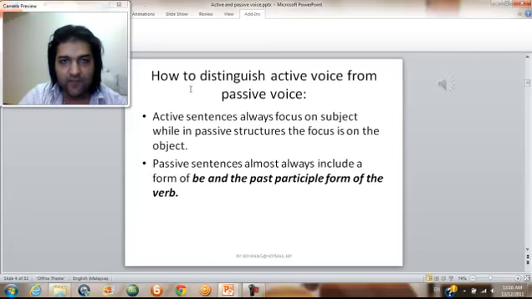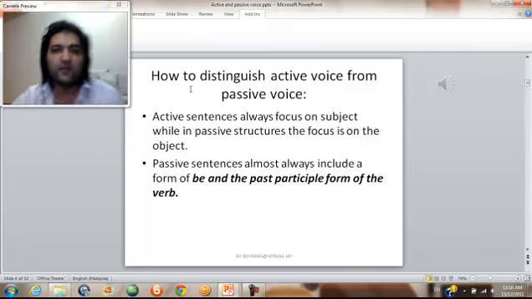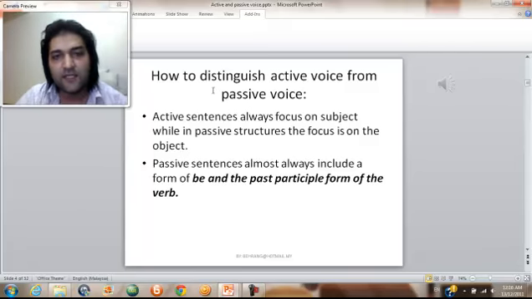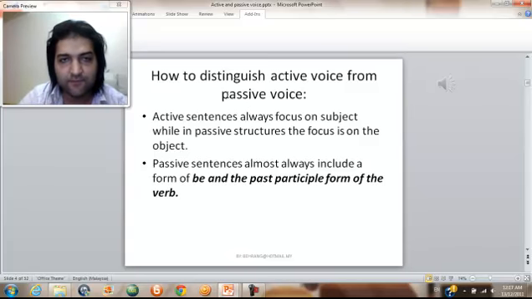Now, the problem here is how should we tell active and passive apart? How do we distinguish active voice from passive voice?